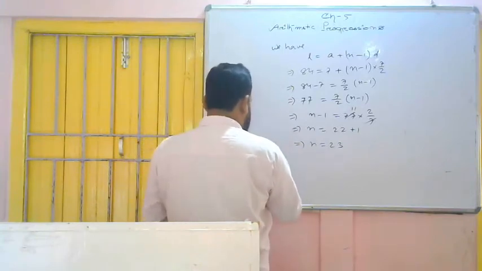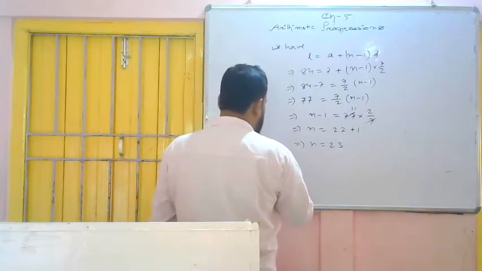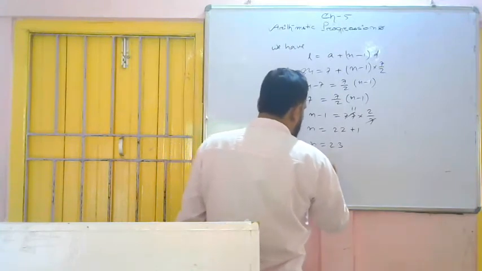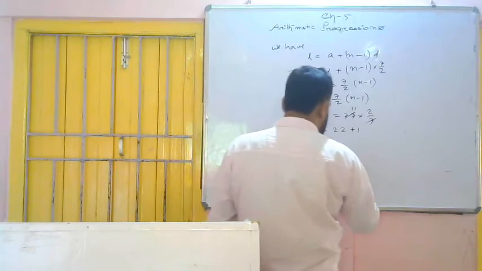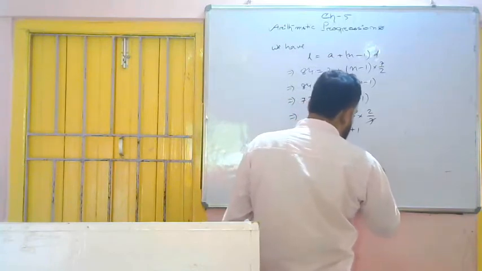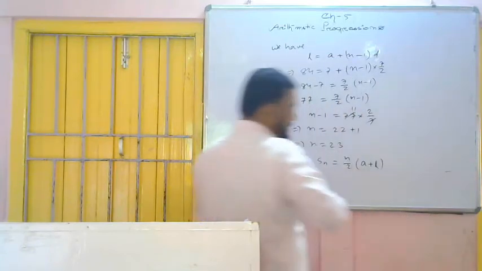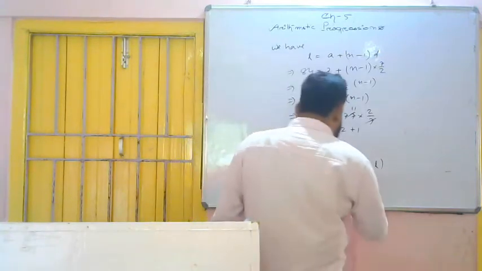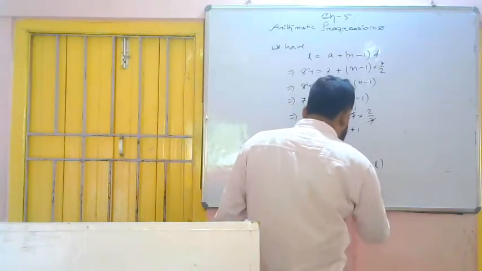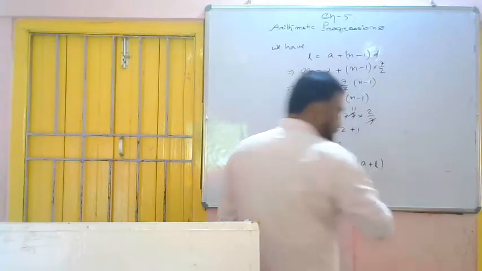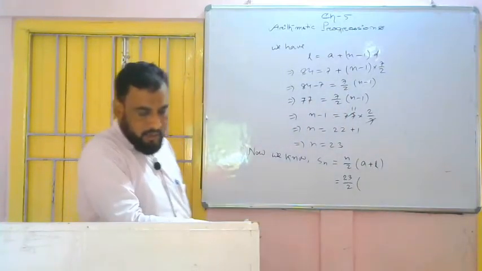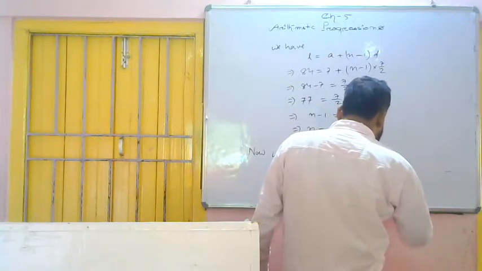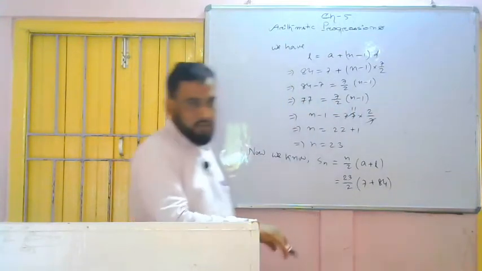Now we know Sn is equal to n by 2 into a plus l. Okay. Now we got the value of n. What is the value of n? 23 by 2. What was a? A was 7 plus l was 84. Okay.